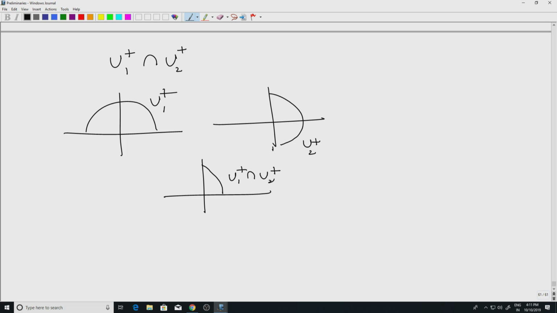Phi1 plus was mapping this portion to -1 to 1. So if I look at this, both phi1 plus and phi2 plus map u1 plus to (-1, 1). Phi2 plus does the same thing. Of course, it's a different map.